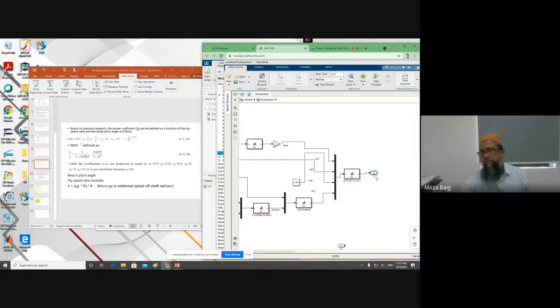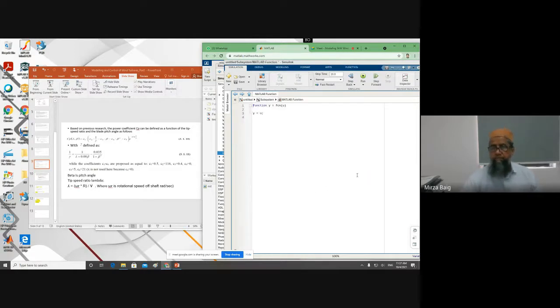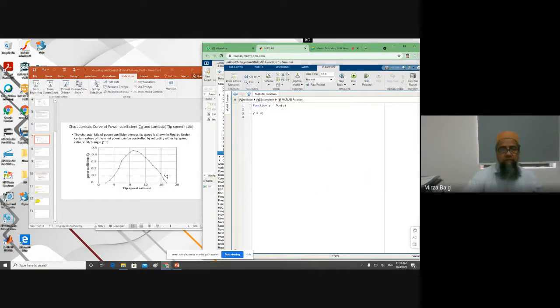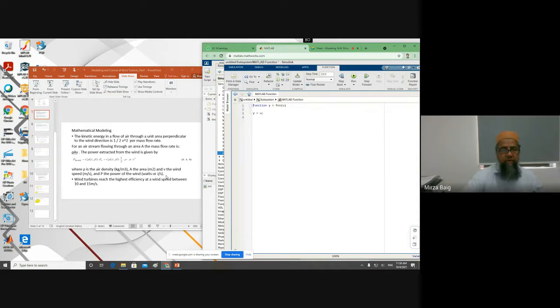That will be our power. Let's do this. So power equals, the equation is Cp times half times rho times A times V cube.